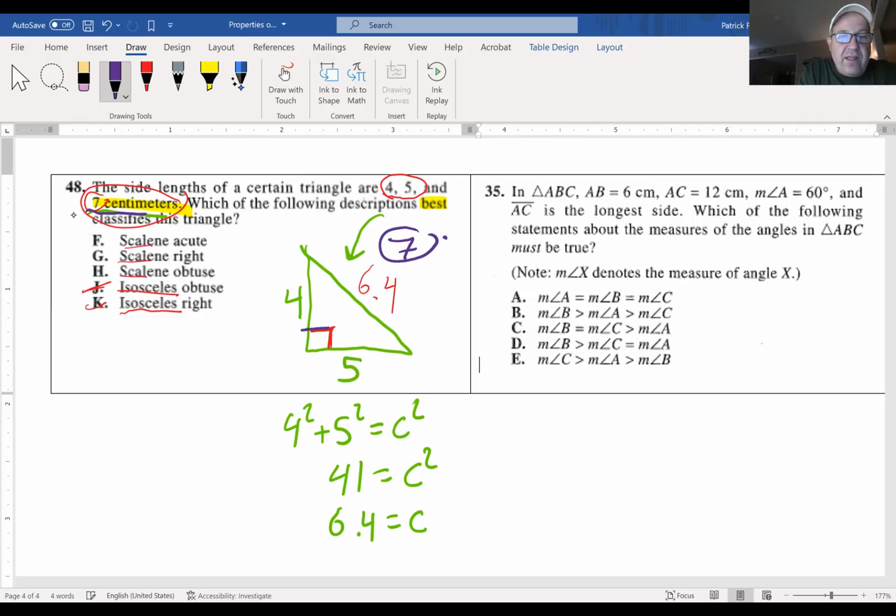But we know if it's a right angle, it's going to be 6.4. So if I'm going to cram 7 in there, which is bigger than 6.4, this right angle is going to have to get bigger. So that would make the angle obtuse, right? Remember, smaller than 90 is acute, bigger than 90 is obtuse. So it's got to be obtuse.